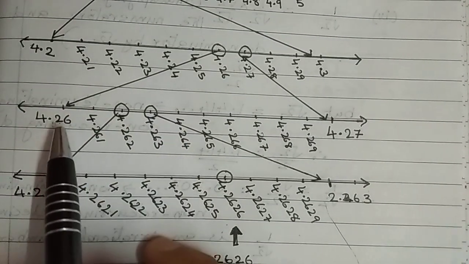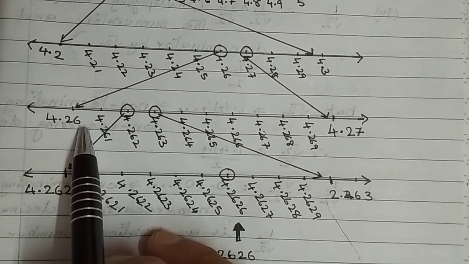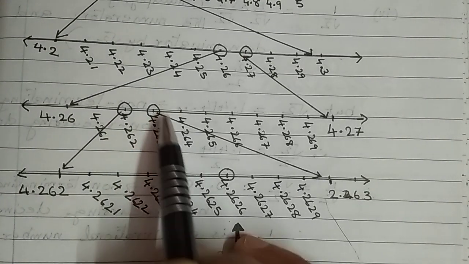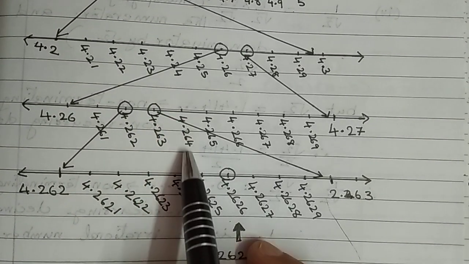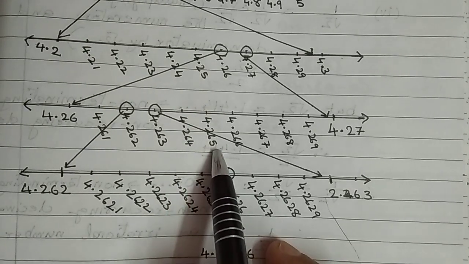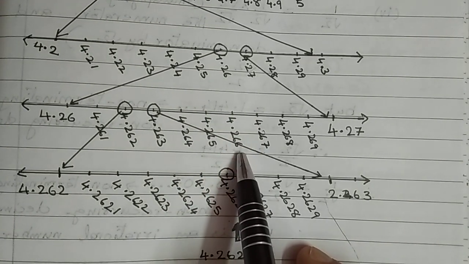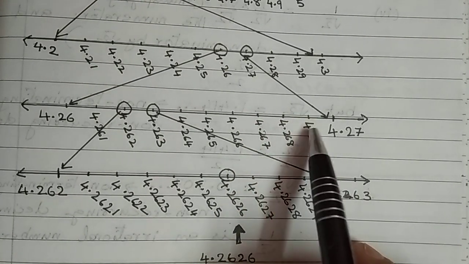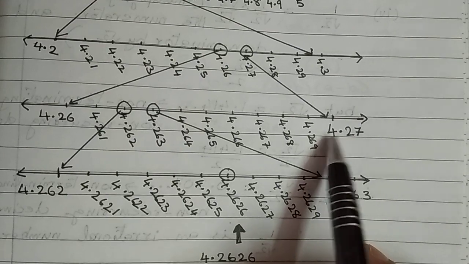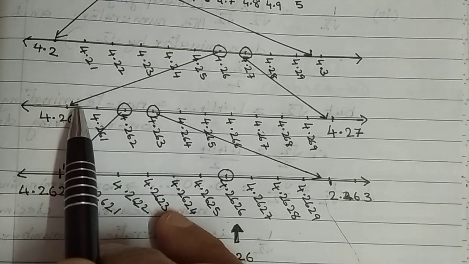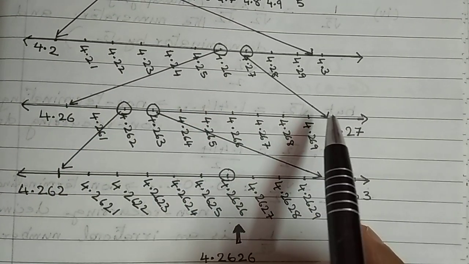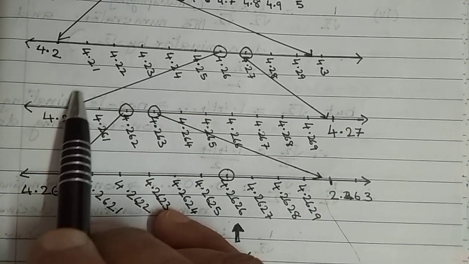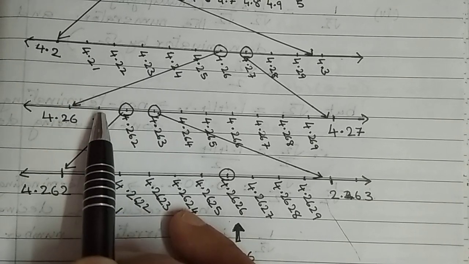The third number line, we are starting from 4.26, then 4.261, 4.262, 4.263, 4.264, 4.265, 4.266, 4.267, 4.268, 4.269 and 4.27. Here also we will put 11 equidistant points, and the distance between 2 points will be 1 centimeter.